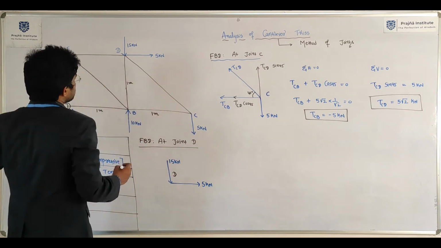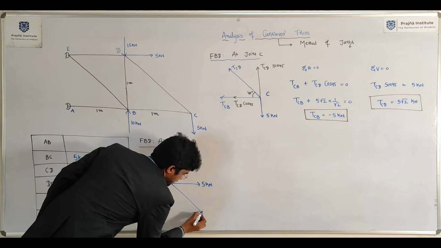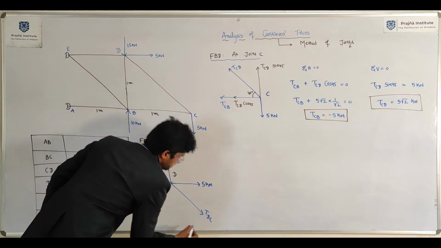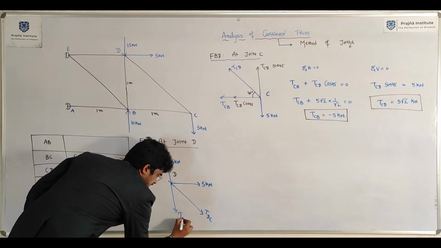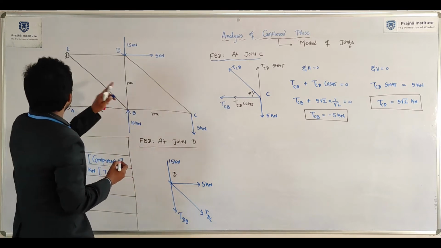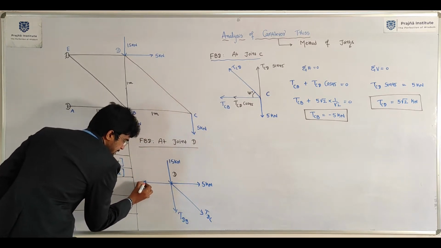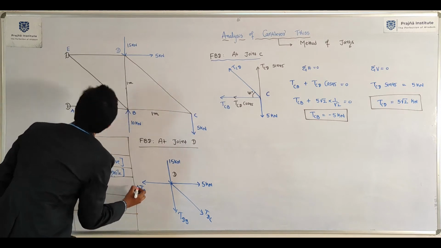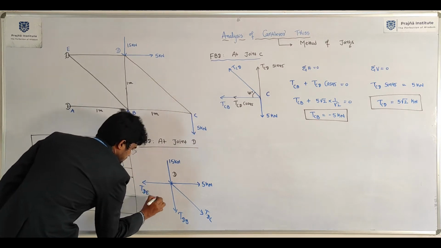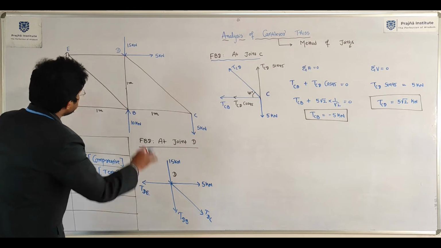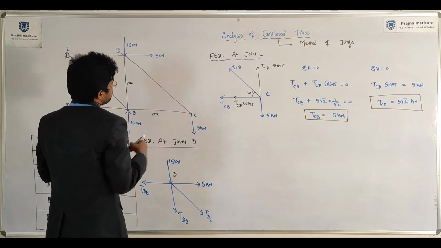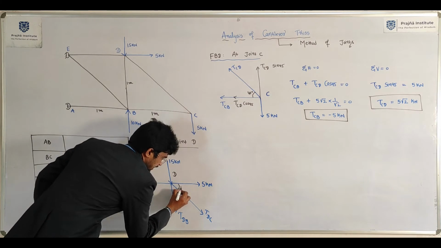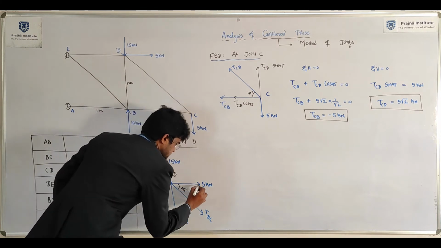And TDC pulling the joint, TDB pulling the joint, TDE, TDB and TDC pulling the joint. Of course, it is 45 degrees.